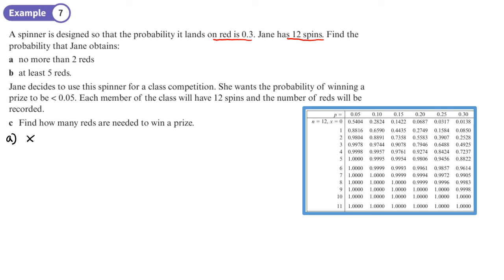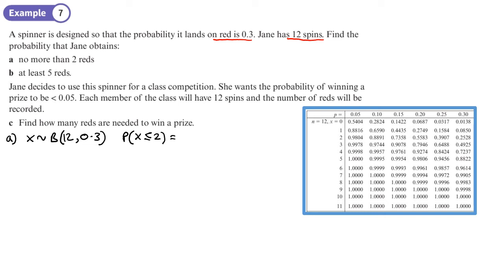Well, first of all, let's write down this. It's a binomial problem. There are 12 spins, so that's our n. The probability of success is 0.3, and we want to work out the probability there are no more than 2 reds. It means the most you can go up to is 2.